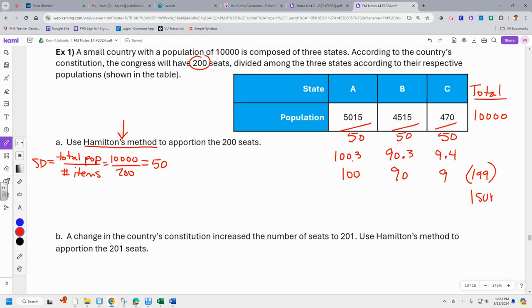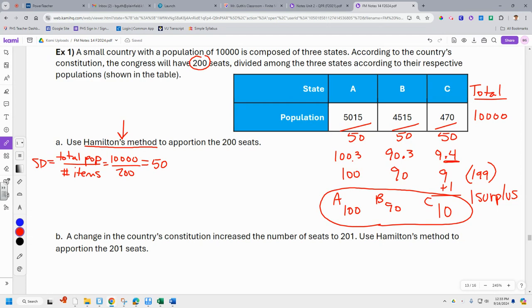We can see that there should be one more, so we've got one surplus that we have to give out to the highest decimal. And so you're looking at the highest decimal, 0.4 is higher than 0.3. So we're going to give that surplus item over here to group C. And so group C is going to have 10, group A is going to have 100, group B is going to have 90. And that would be Hamilton's apportionment.